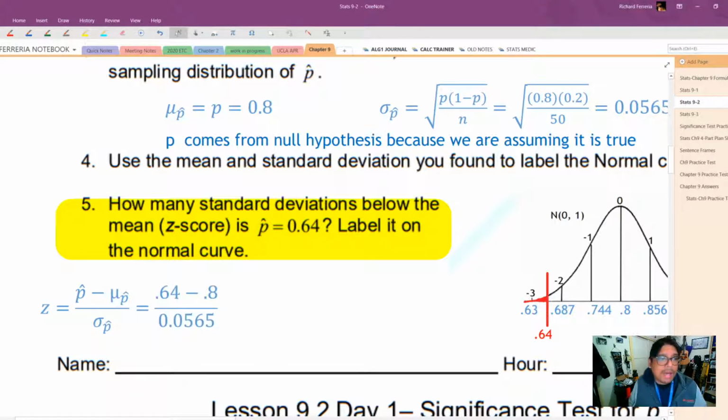We've got a p hat of 0.64, mu p hat was 0.8, sigma p hat was 0.0565, and this will give us a z-score, and I'm hoping it's somewhere between -2 and -3. Yeah, that z-score is going to be -2.832. And in the context of a hypothesis test, we call that number the test statistic.